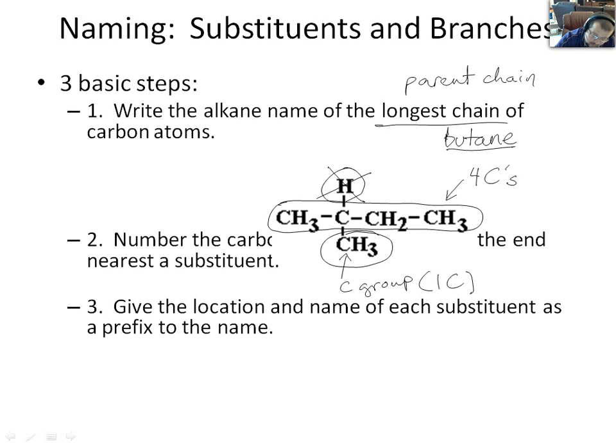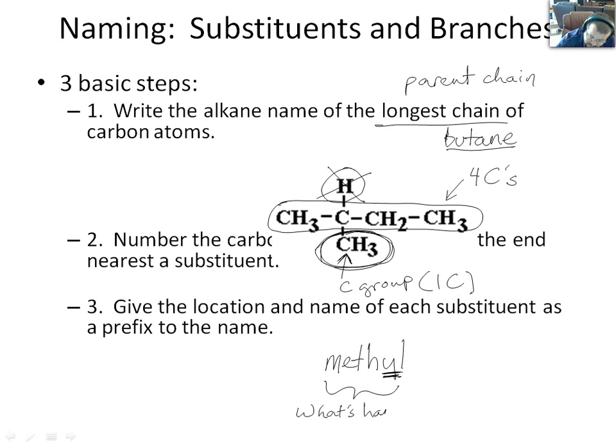So when asking what is hanging off of butane, we would say a methyl group is hanging off. When we talk about a small group hanging off of a large chain, instead of saying methane, we would say methyl, or propyl, or ethyl, or butyl. It ends in YL. So methyl is what's hanging off.